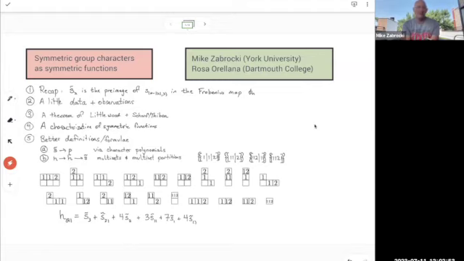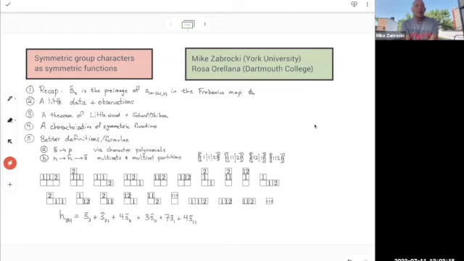But the first traces of progress are found in work of Littlewood in 1958, and then Scharf and Thiebaud reproved it using modern techniques because Littlewood's proofs are kind of opaque to me.